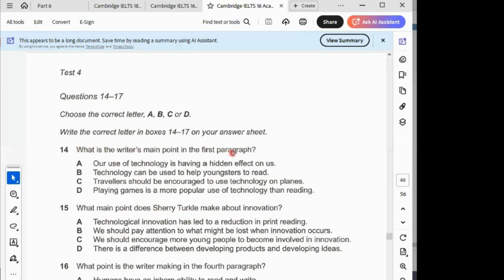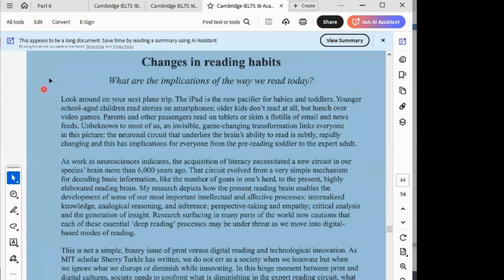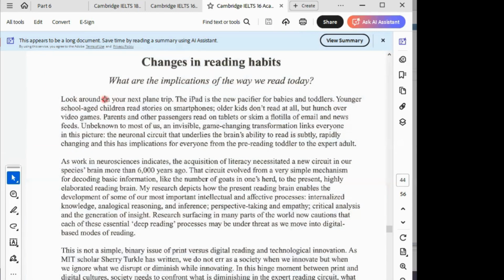So what is the writer's main point in the first paragraph? Let's look at the first paragraph. Look around on your next plane trip. Look around on your what? On your next plane trip. The iPad is the new pacifier for babies and toddlers. Younger school-age children read stories on smartphones.